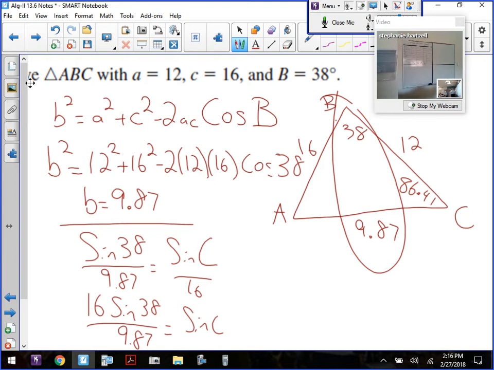So then all you have left to do is subtract these two out from 180. What you get for angle A? 55.59. Thank you. And there you go. So law of cosines, you have to use it once, and then automatically you're able to use law of sines because it generates an angle and a side opposite, and it's not so bad from there. Not too terrible?